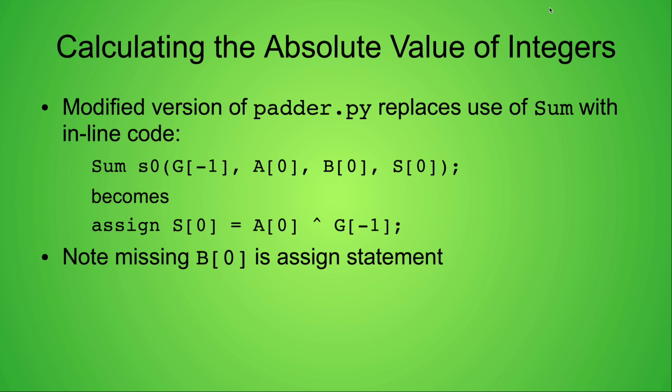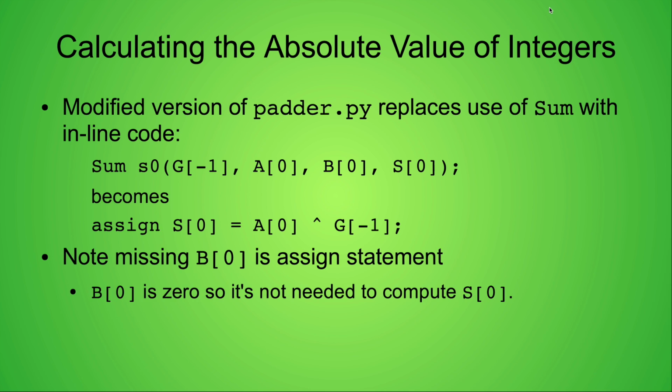It should be fairly obvious why this is so. b is the second input parameter to the adder module. We know that for this parameter, the wrapper routine passes in a bit vector filled with zeros. So exclusive ORing the value bit b0 into this expression doesn't change the results. So this version of padder.py omits using bits from b when computing the sum.